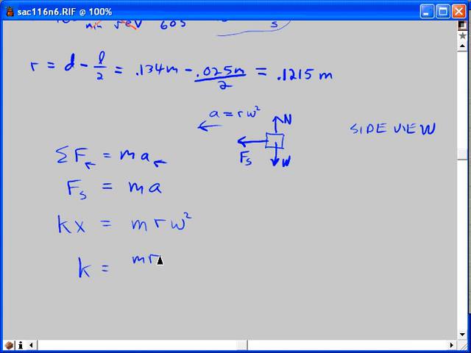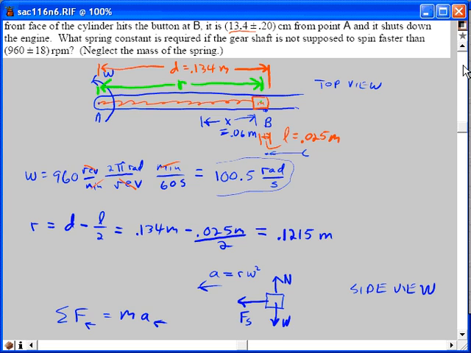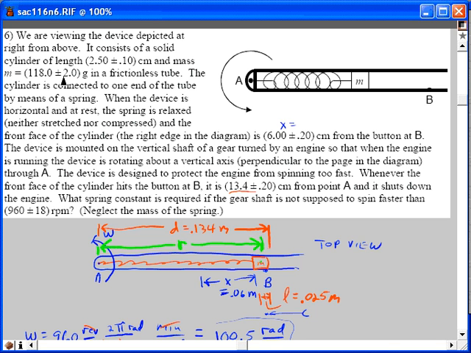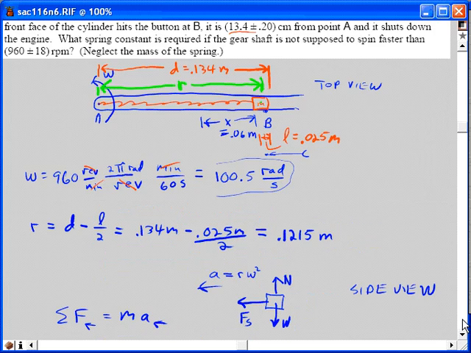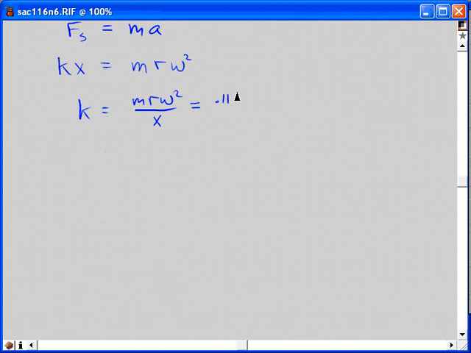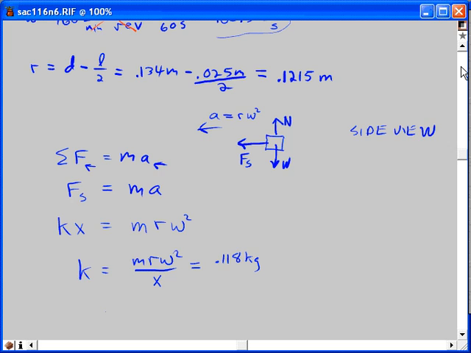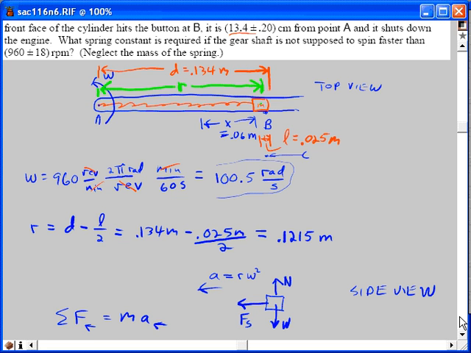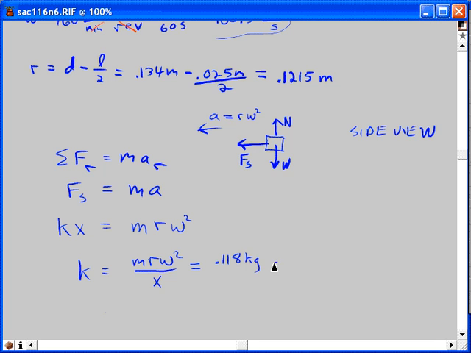K is just m r omega squared over x, which is equal to, the mass is 0.118 kilograms. R we found to be 0.1215 meters.